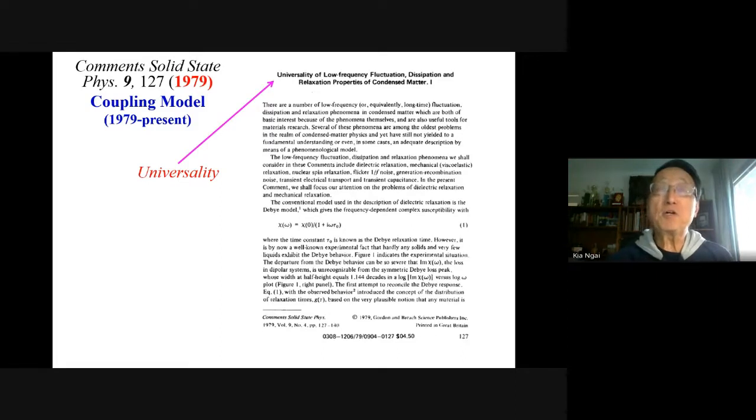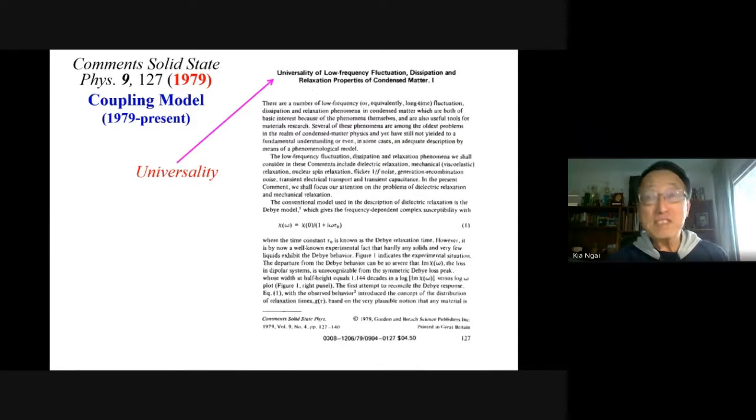Since I'm a solid-state physicist in condensed matter, electron physics, where everything has to do with quantum mechanics, I started out with this so-called coupling model in the paper published in Solid State Physics. But this approach is using semi-classical quantization of chaos. Actually, it turns out that way.